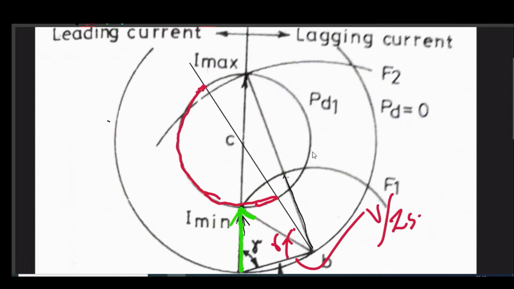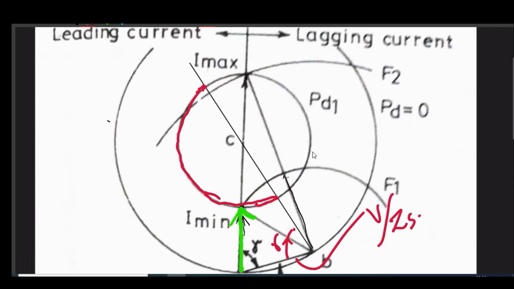Interestingly, it is quite obvious that with respect to this line, any current that will fall in this region will give us lagging current, and all other current on this side will be leading current. Now, this also gives us a very interesting observation.